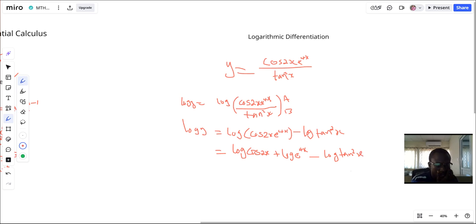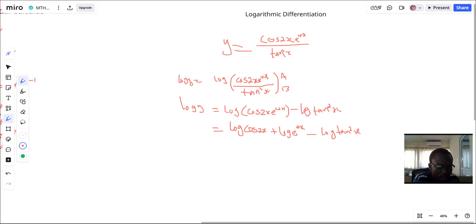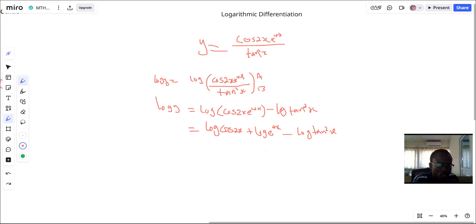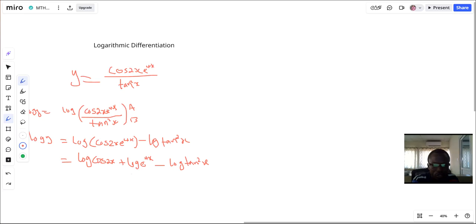I hope we are together. Now what is left for us is to start differentiating. If we look at cos 2x, this is a composite function inside another function, so we have to solve this one first.